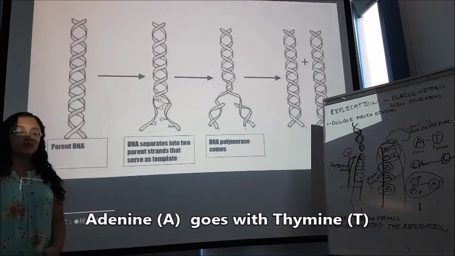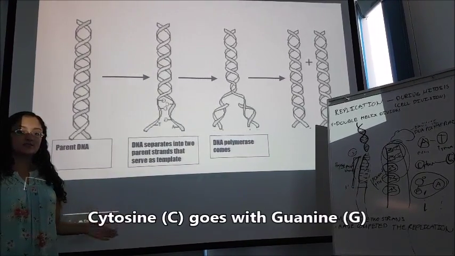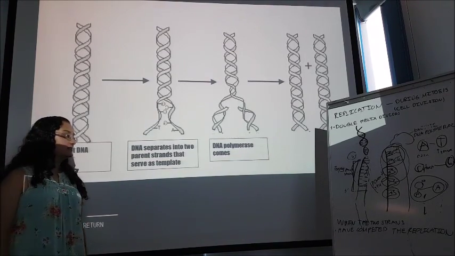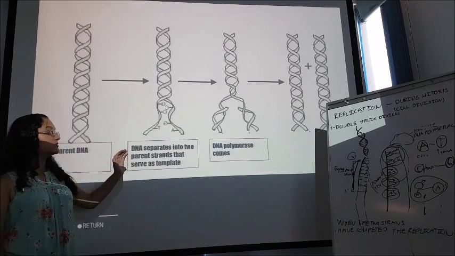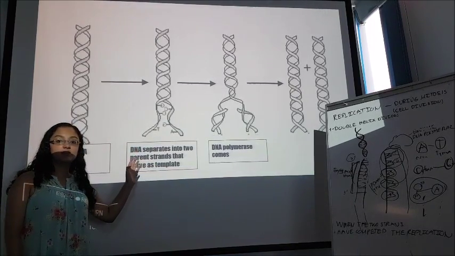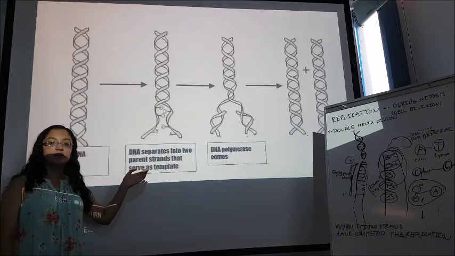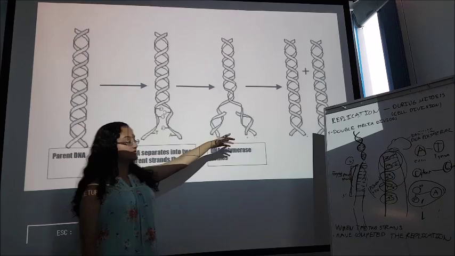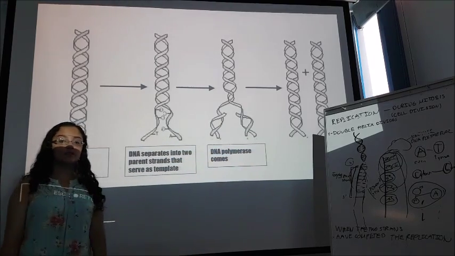Adenine always goes with thymine, and cytosine always goes with guanine. The two new complementary strands that the DNA polymerase created are the daughter strands that are complementary to these parent strands and have the same DNA.